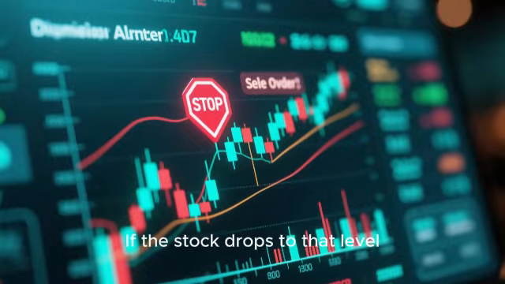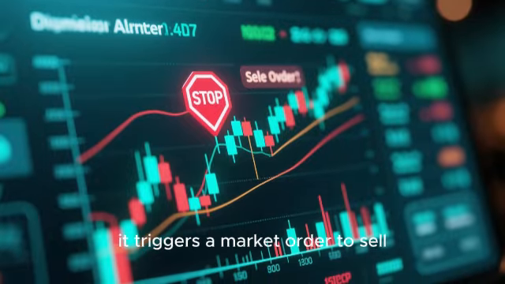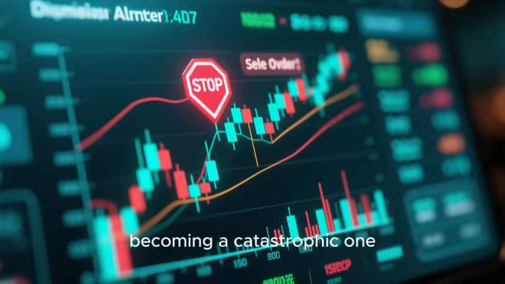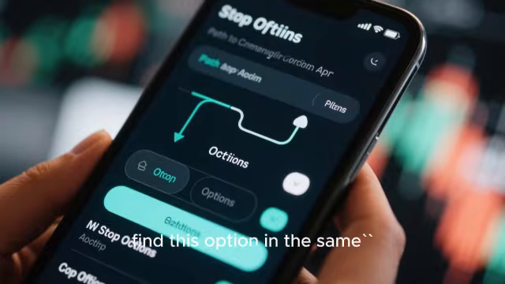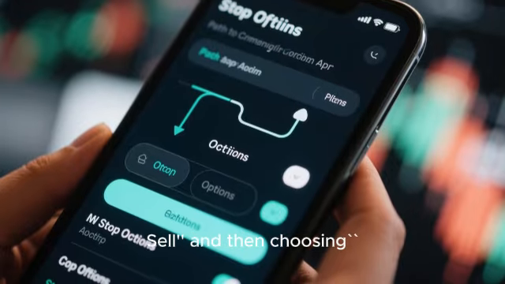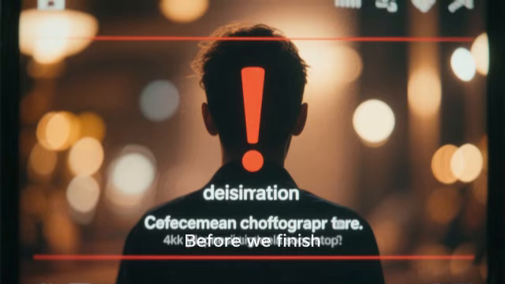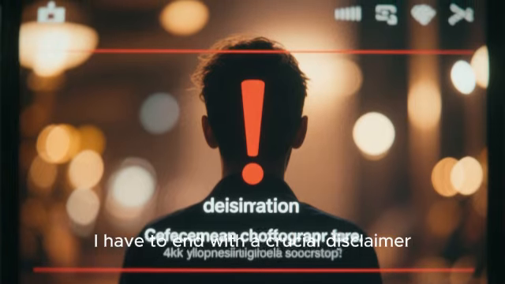If the stock drops to that level, it triggers a market order to sell, preventing a small loss from becoming a catastrophic one. It's an automatic insurance policy that works while you sleep. You can usually find this option in the same trade menu by selecting Sell and then choosing Stop Loss or Stop Market.